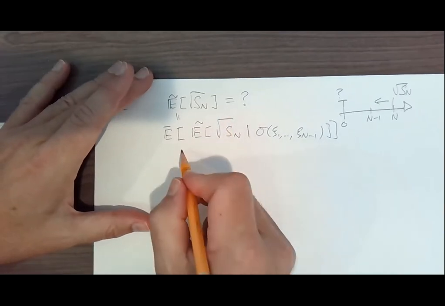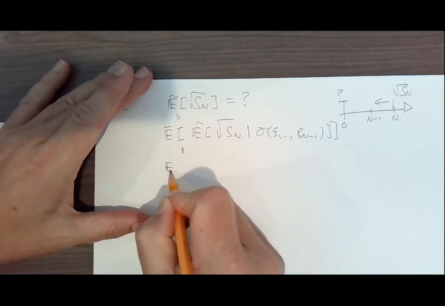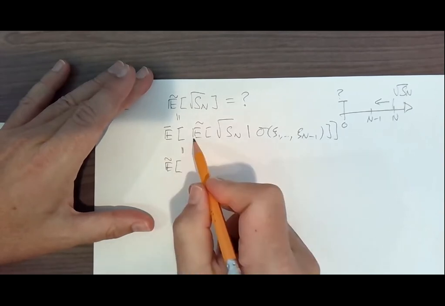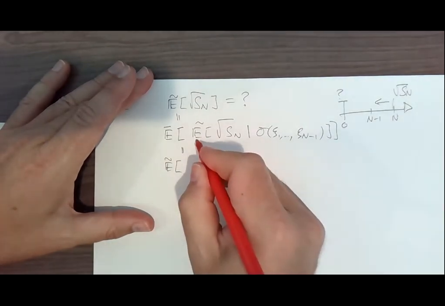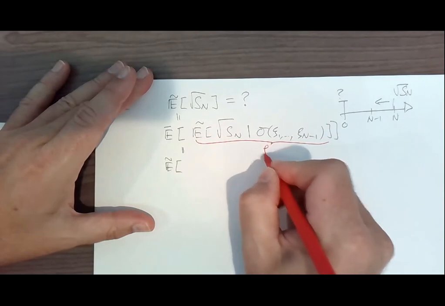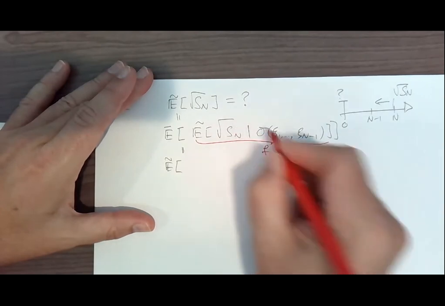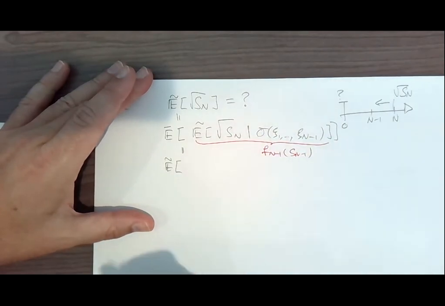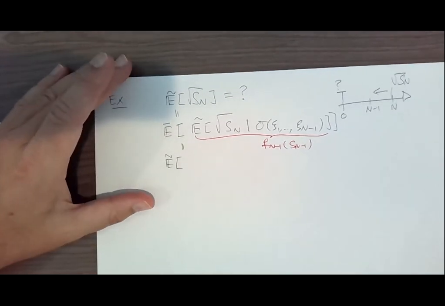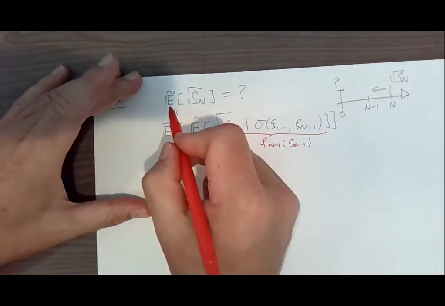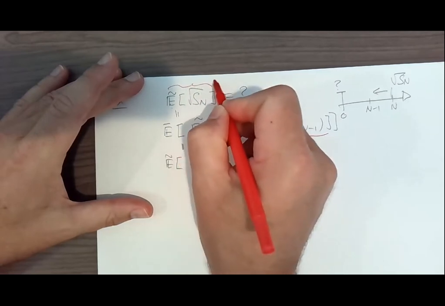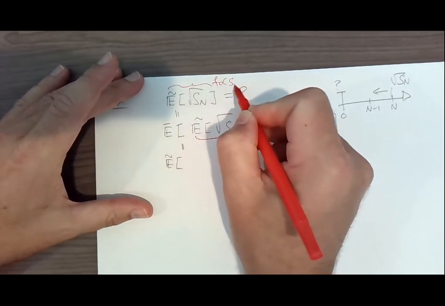So let's try to compute it. This is E tilde. But this thing that you're finding in here, in our notation from before, would be F_{n-1} of S_{n-1}. This was the notation we had before. This one here would be our F_0 of S_0.